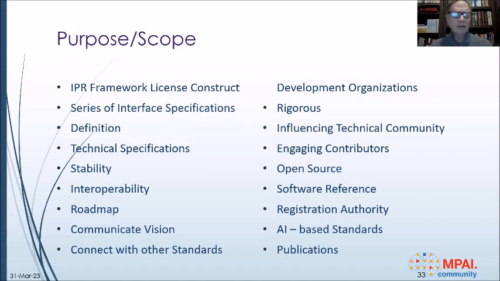But it also, as you've seen in a few of the diagrams so far, there are a series of interface specifications. All of these are very important. These are some of the attributes that we look for in our standards. And I think you can look through those yourself. I'll go to the next slide.